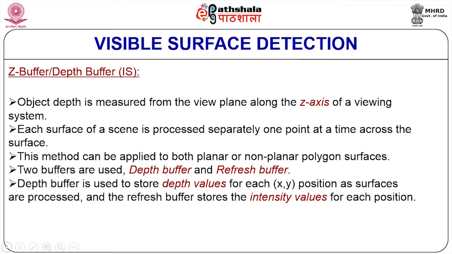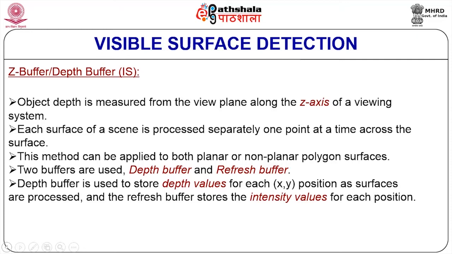What is an image space method? Again, as I said in the beginning of this discussion, we take a projection of the 3D world onto a 2D plane, and there we check for each pixel what is the possible visible surface, so that we can color that pixel with the color of the surface that we see. We do this for all the pixels in the 2D plane.